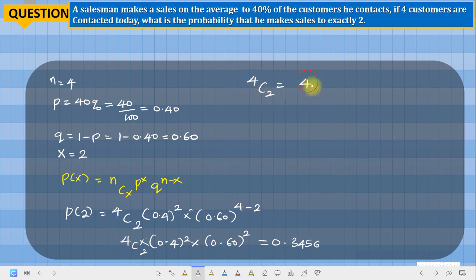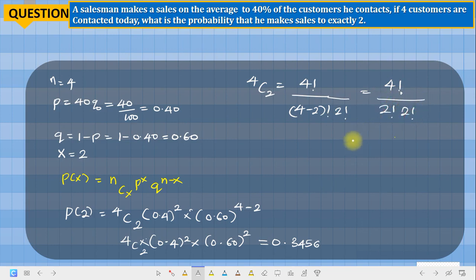Now we know that this 4 combination 2 is the same thing as 4 factorial all over 4 minus 2 factorial, times 2 factorial.